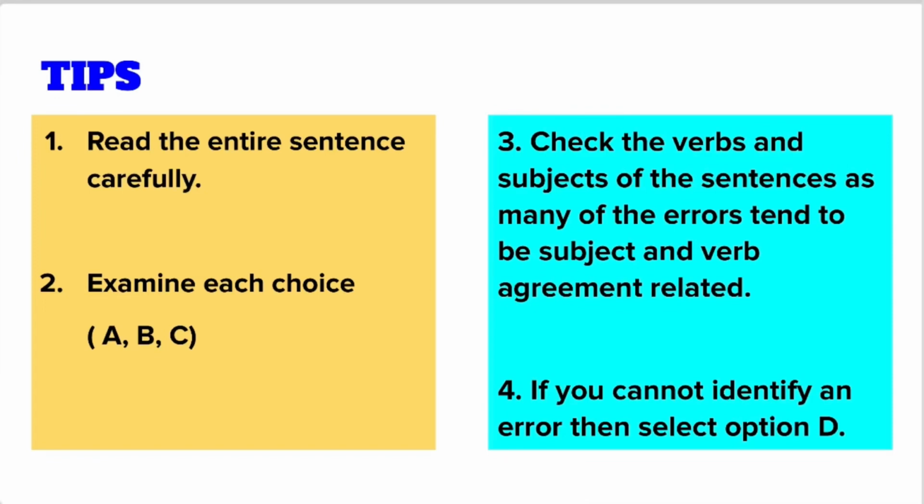Thirdly, check the verbs and subjects of the sentences, as I realize that many of the errors tend to be subject and verb agreement related. Number 4, if you cannot identify an error, then select option D. There you go, 4 easy tips to follow.